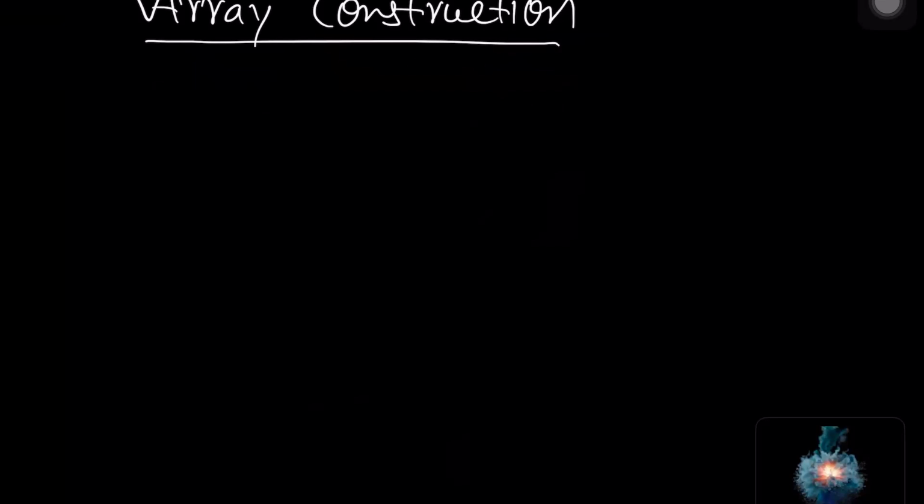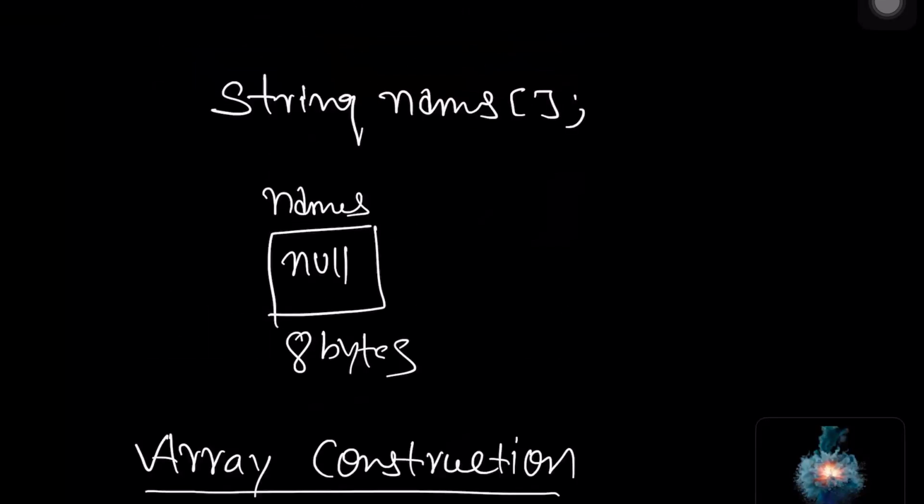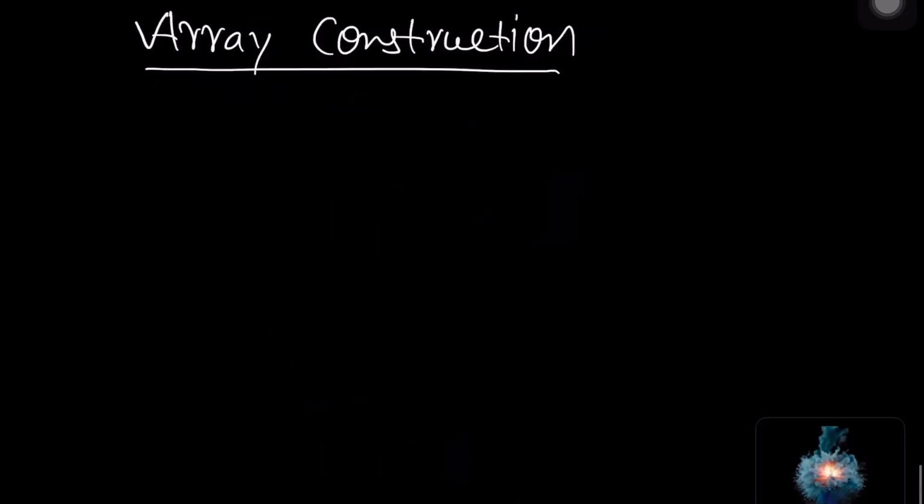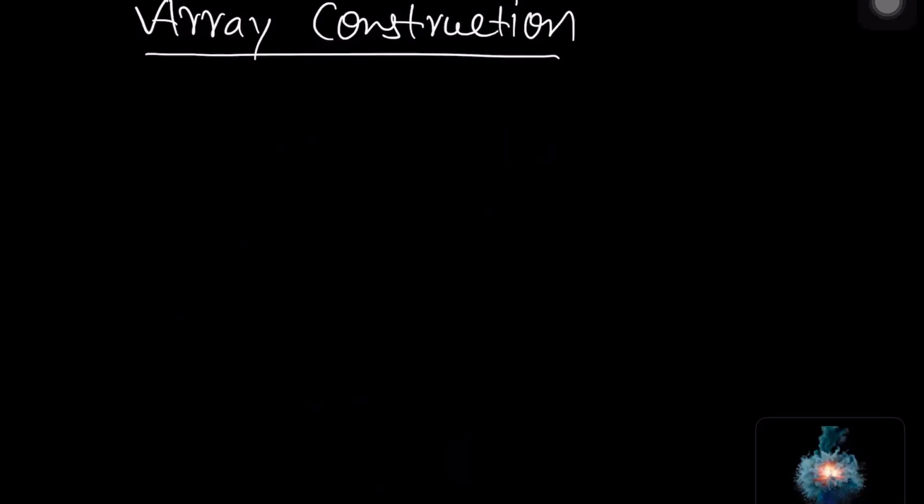So let's assume I have declared string names. So names having 8 byte and null. But what about size? How many names am I going to store? We have to specify that, right? So how can we construct the array? What is the reference name? names, right? I'm going to construct that one.